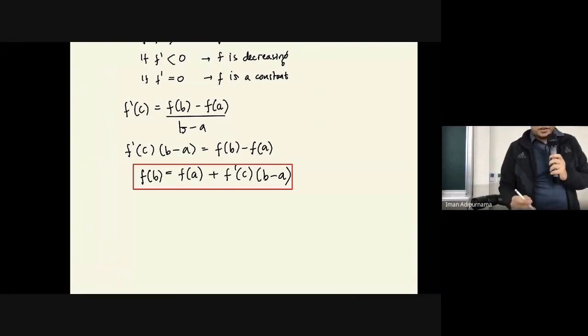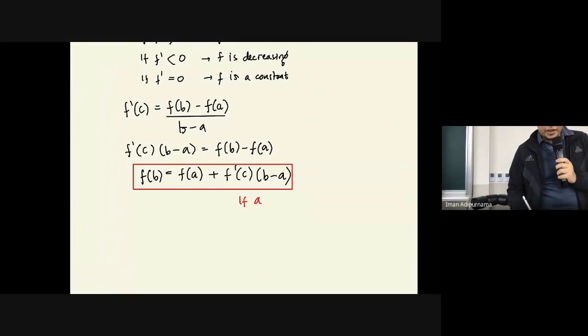But here, see, if a is less than b, then based on our assumptions, let's say that b minus a is always positive.